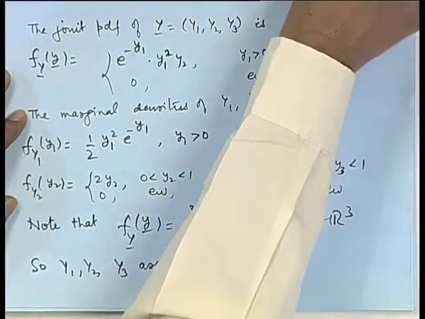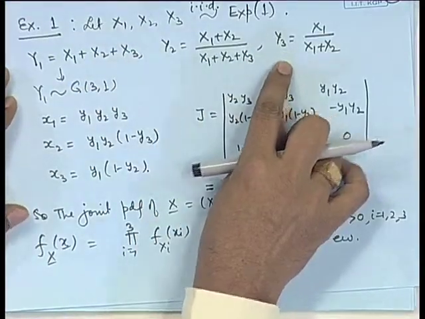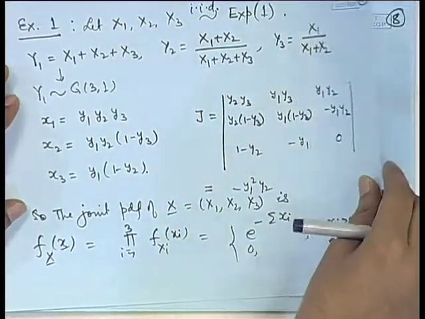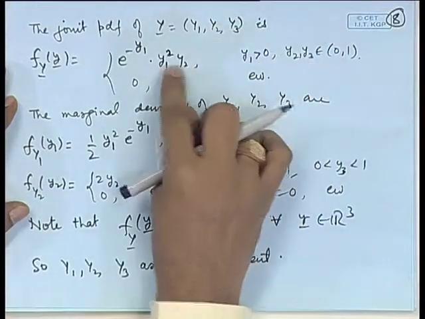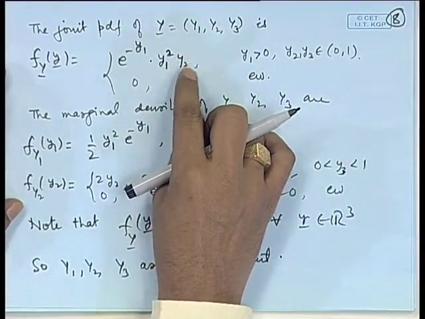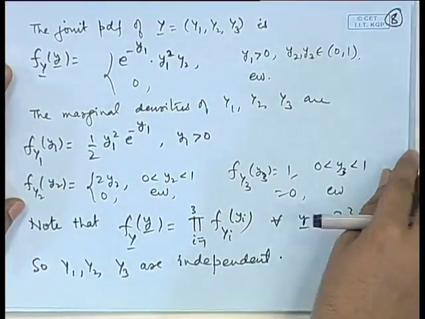Like one may simply say that y 1 is positive, y 2 is positive, y 3 is positive, without noticing that y 2 and y 3 are less than 1 also. In that case, if we evaluate the integrals of this density, it will not give us 1. So, that will be not determining the density correctly.